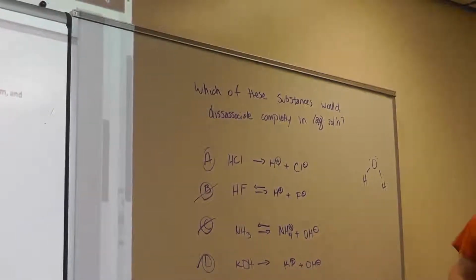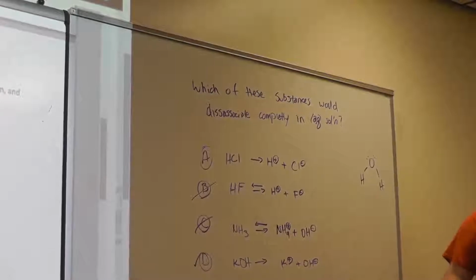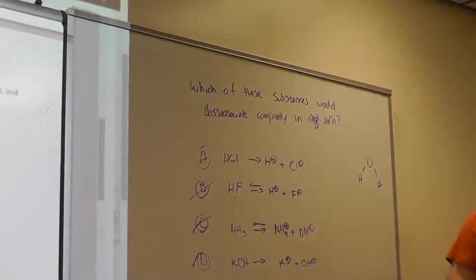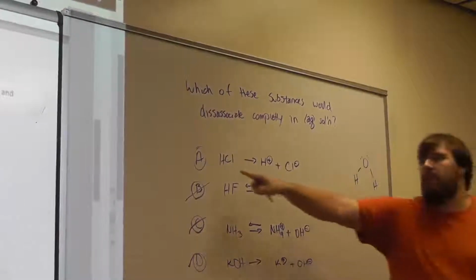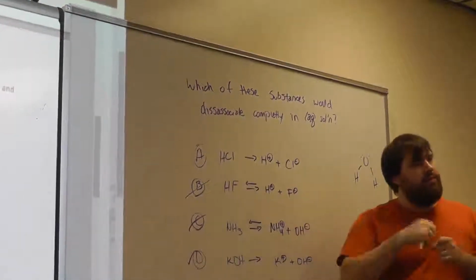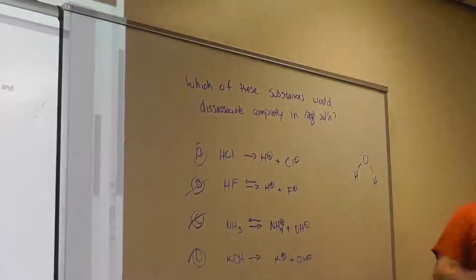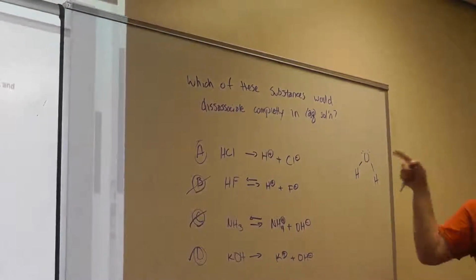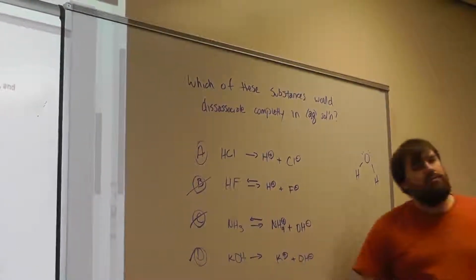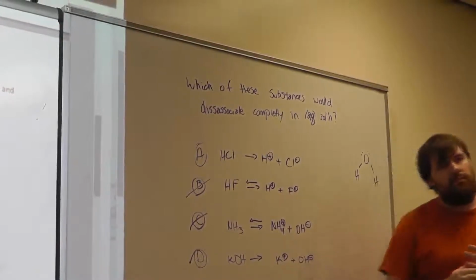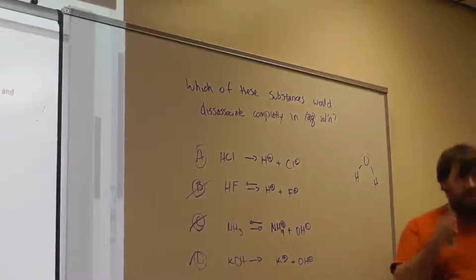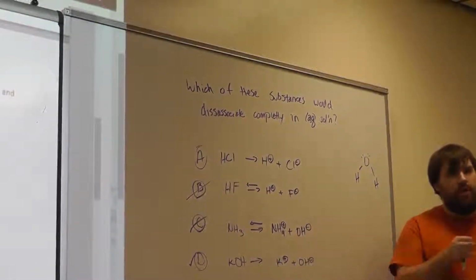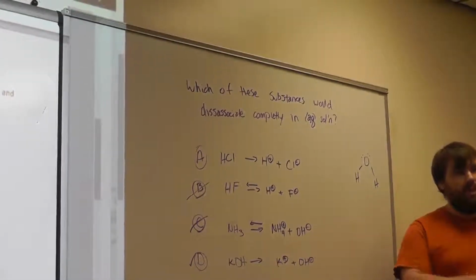With your acids, sometimes you're going to have to give it a little bit of kinetic energy to get the water around all of the acid, because you've got to get this part of the oxygen aligned perfectly with that hydrogen to rip it off. When we get to acids, if you take the Chem 2 portion, we're going to talk about why. So on the test, if he asks about complete dissociation, you're looking for a strong base because it's ionic.